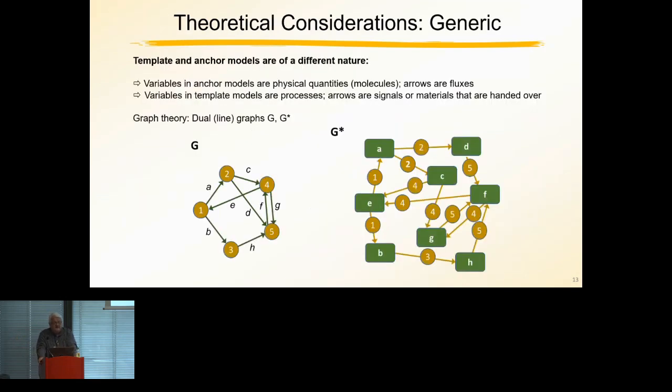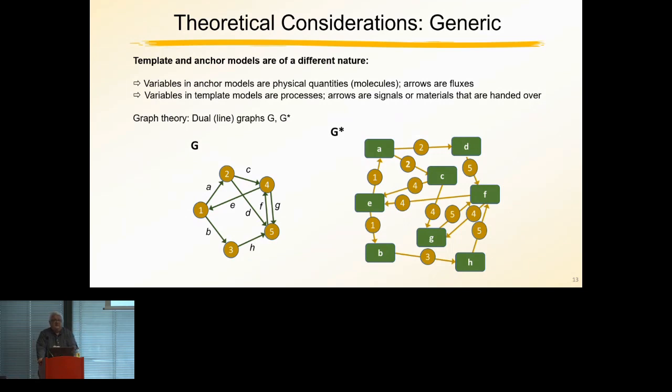Here is something that is not too important for the understanding of the previous, but I thought it was kind of cool. Because if we look at the template models and the anchor models, the structure of them, they're sort of like dual graphs, dual line graphs. And dual line graphs, if you know about that, the edges and the vertices are interchanged in dual graphs.